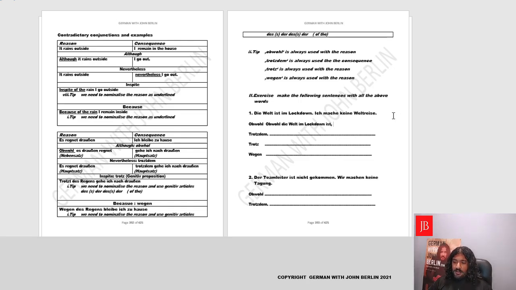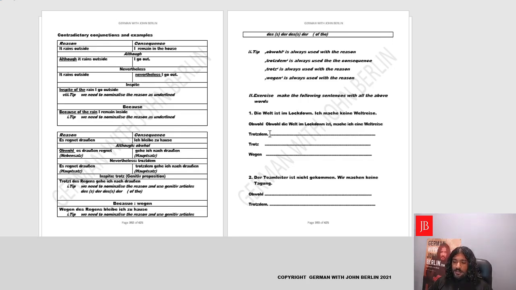Very good. Then we write the next sentence. I do a world trip. It's a main sentence. So we'll write, mache ich eine Weltreise. Yes. Fantastic. Super duper. So Nebensatz, Hauptsatz.